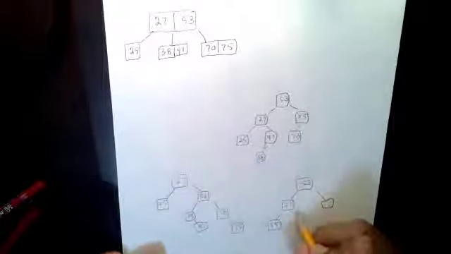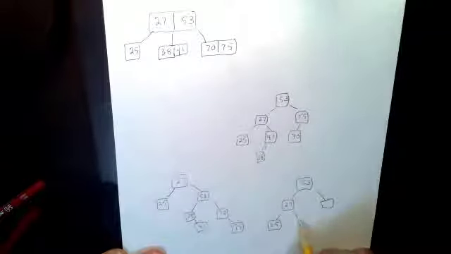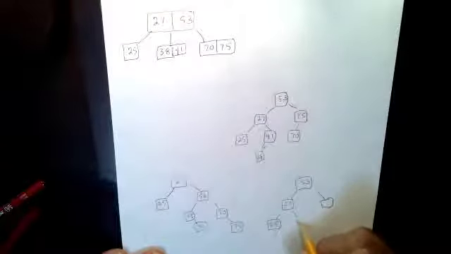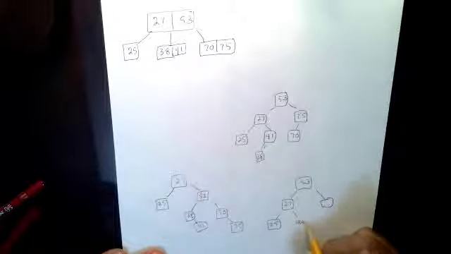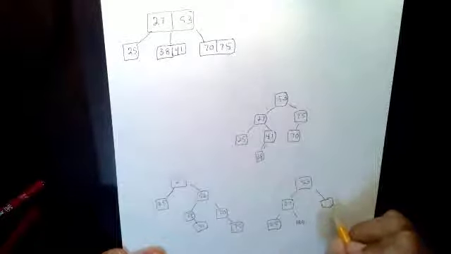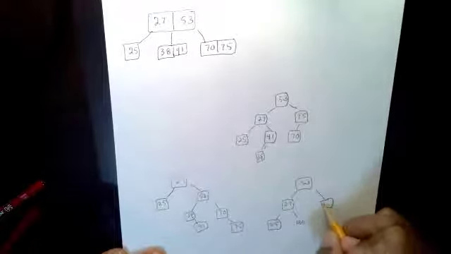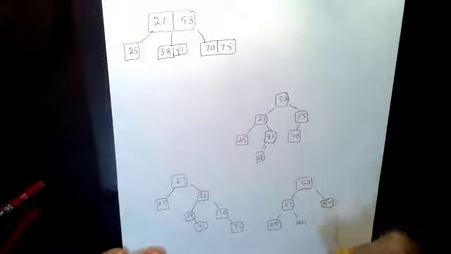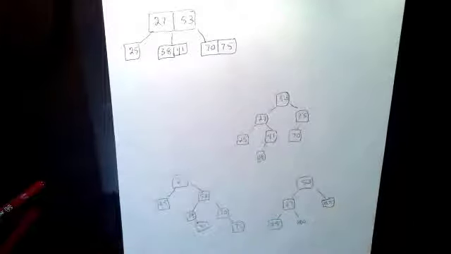So coming out of 27, I'm going to come down, and I'm going to hit either 38 or 41, and then the other one's going to come out of there as a red. Just like over here, I'm going to hit 70 or 75, and one of those is then going to come out as a red.